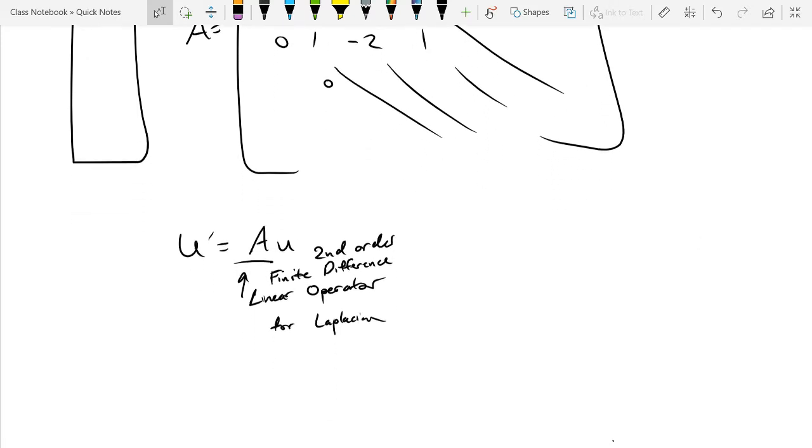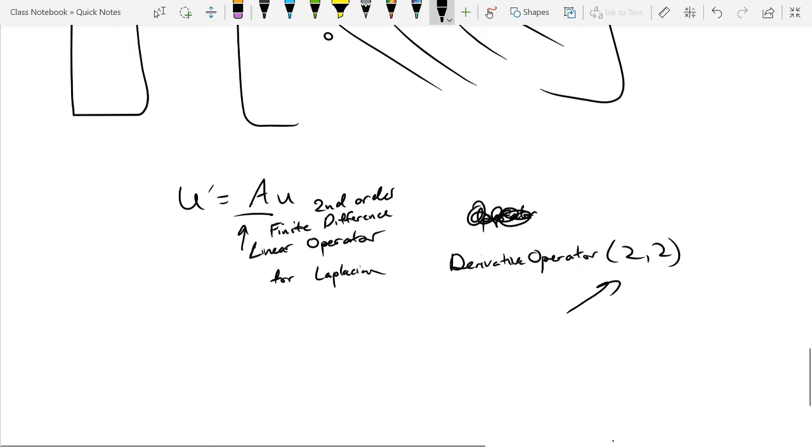And so what DiffEqOperators is all about is getting an operator. So if you want the derivative operator of 2, 2, what this means is the second order approximation of the second derivative.